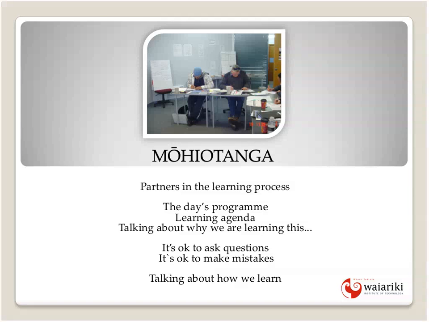There's also a lot of talk about why we are learning this. It's okay to ask questions and it's okay to make mistakes, which is important for our learners, because really that's the way we learn. And we talk about how we learn. That's the amazing thing I find about working with adults, is that they are very interested in talking about how they learn.